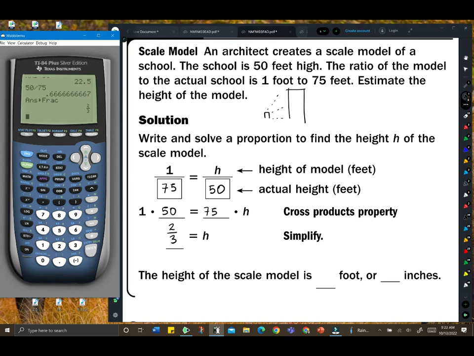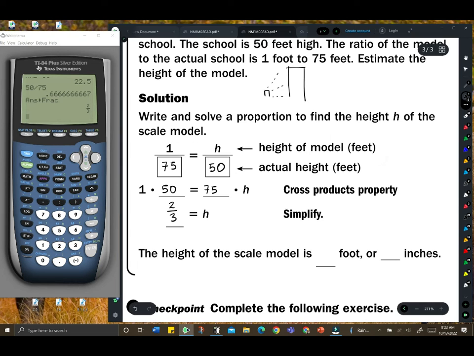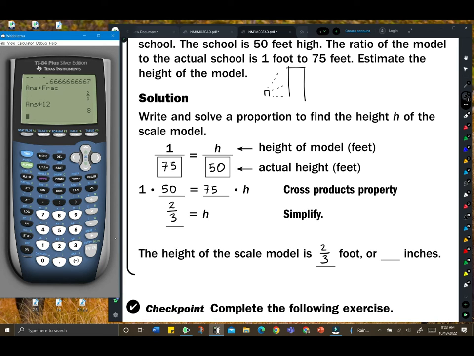That is what the height of our model would need to be. So the height of the scale model is 2/3 of a foot, or as far as inches is concerned, since it's feet to inches, we multiply by 12 to get it in inches.